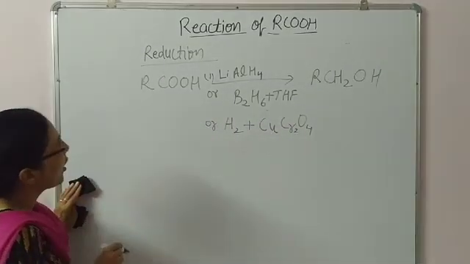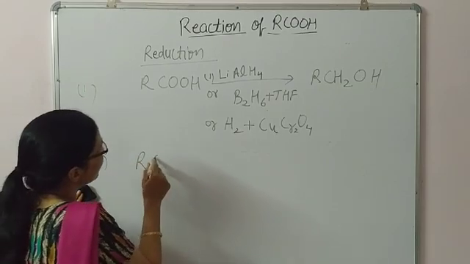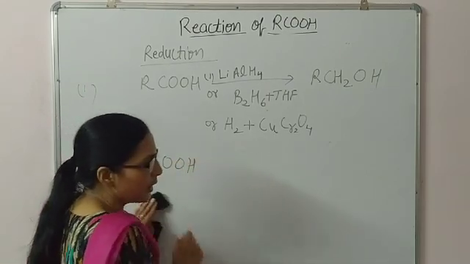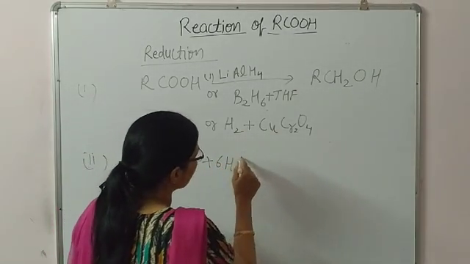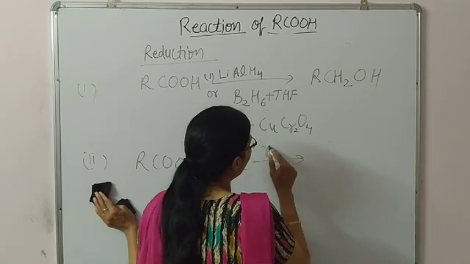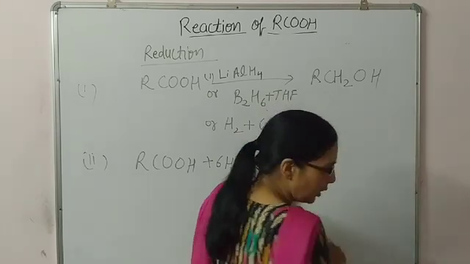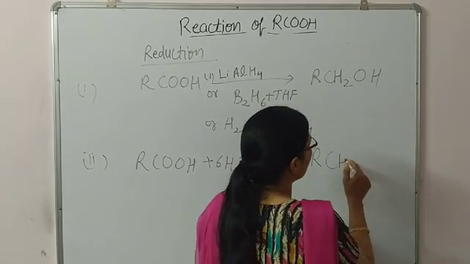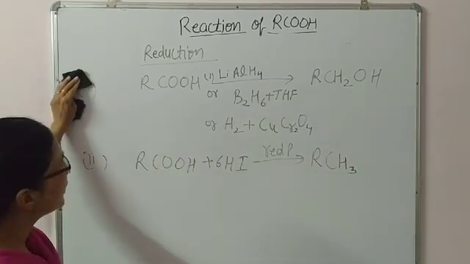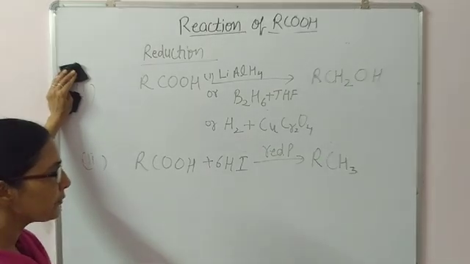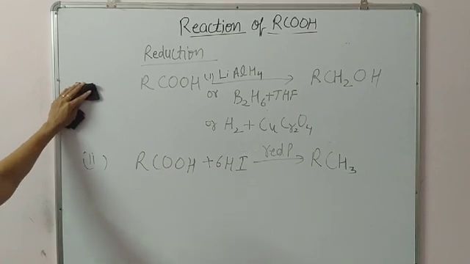Now the next reduction reaction: RCOOH plus red phosphorus and HI. You know very well that red phosphorus and HI is a strong reducing agent that converts all compounds into alkane. So here this compound also will convert to alkane.